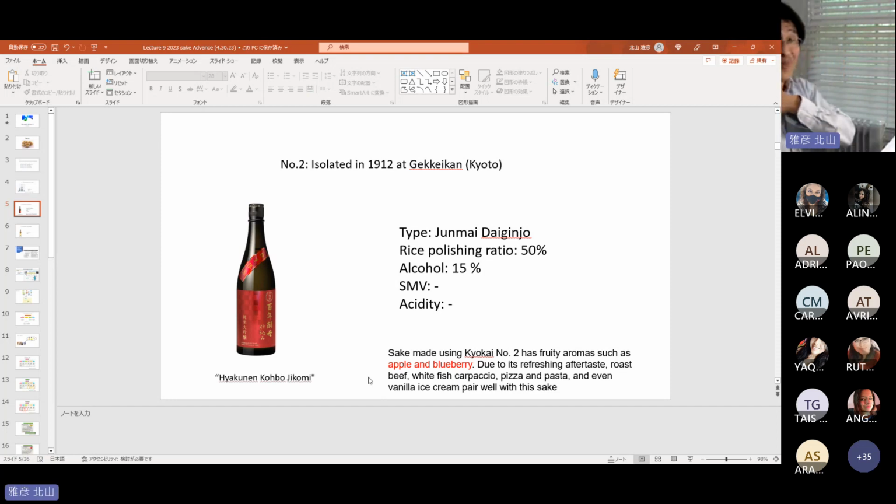This is just their comment. I have not tasted it. When you have a chance to go to Japan, you may be able to access this type of sake.